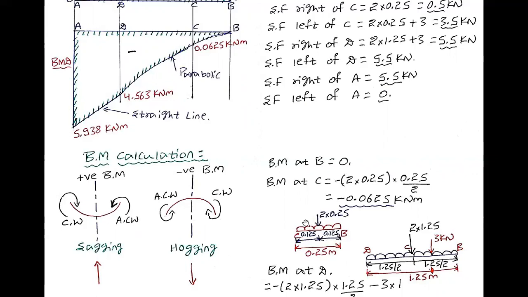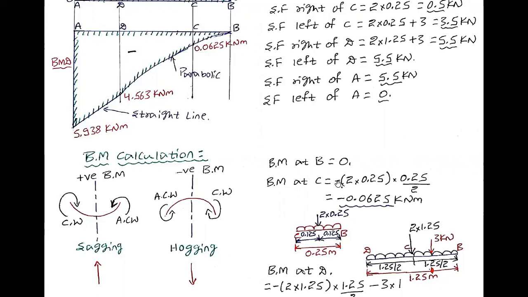As per the bending moment definition, it is vertical load into perpendicular distance. You have converted the UDL into a point load. The vertical load is 2 into 0.25, multiplied by the perpendicular distance, which is 0.125, or you can write it as 0.25 divided by 2, as it will be acting at the center.